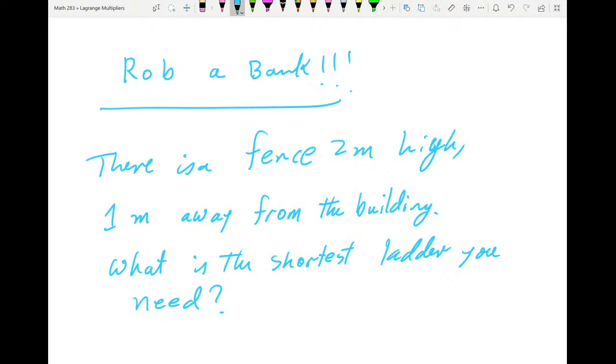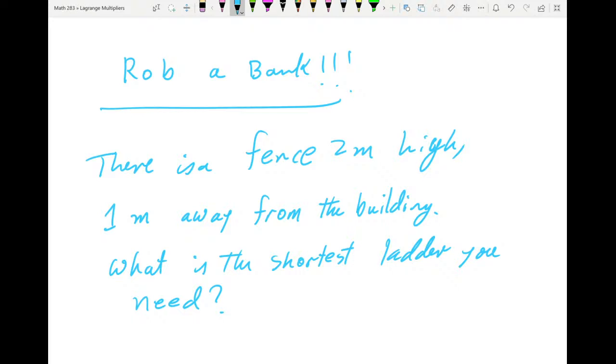That's it. Fence 2 meters high, 1 meter away from the building. So we're trying to get... You're trying to rob the bank. Yes. That's all I'm gonna tell you. I'm not gonna give you any more instructions. It's all in here.